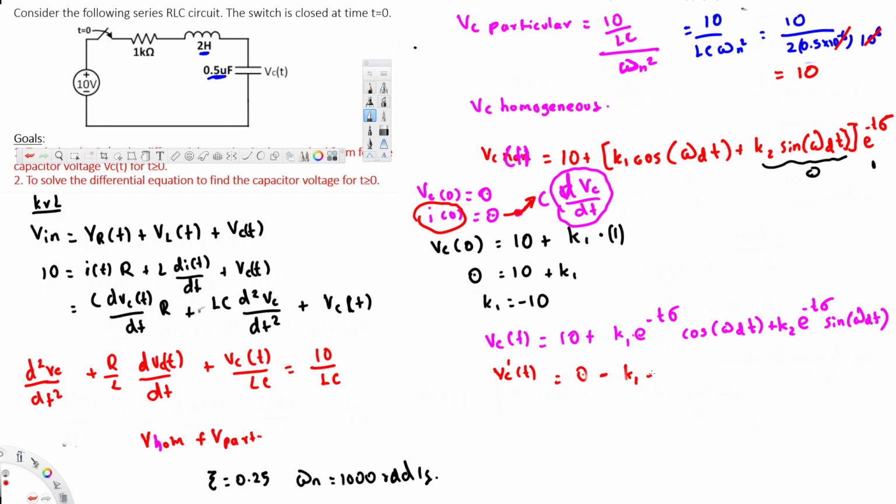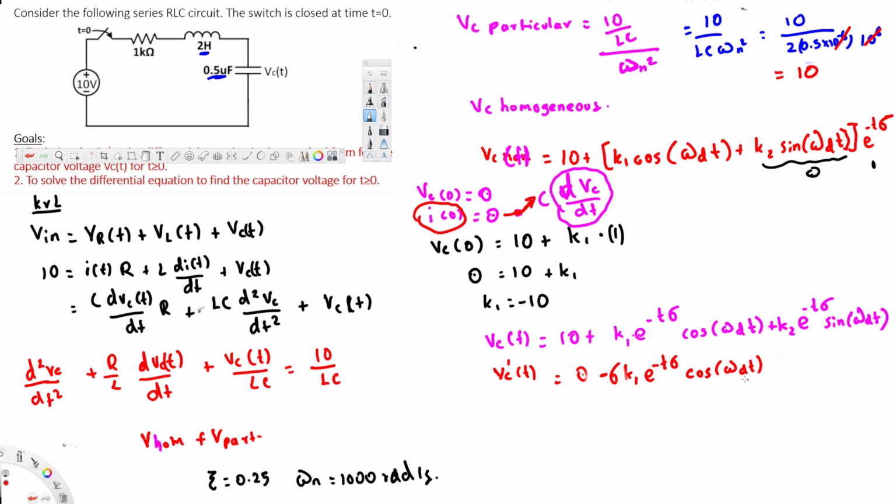And then we are going to have e power negative t sigma, and also we are going to have sigma in front, because if you find the derivative of this one, t is going to be 1 and we are going to have negative sigma, and cos omega dt remains the same. Now we are going to take the derivative of cos omega dt.